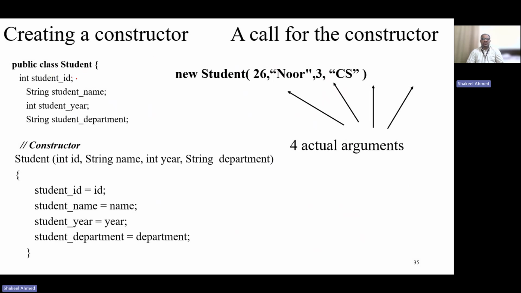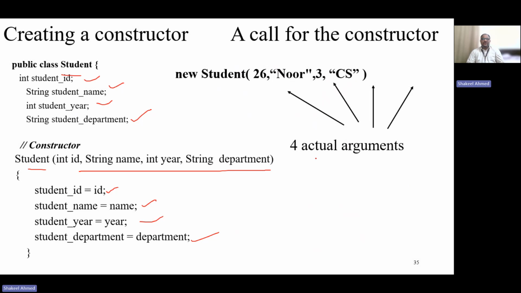Now we have a class student with ID, name, year, department, and I am creating a constructor with student and all those arguments, the parameters that I will use: student ID, name, department. So when I create a reference, new student, the first student will get the ID as 26, name as Noor, year as 3, and department as CS.